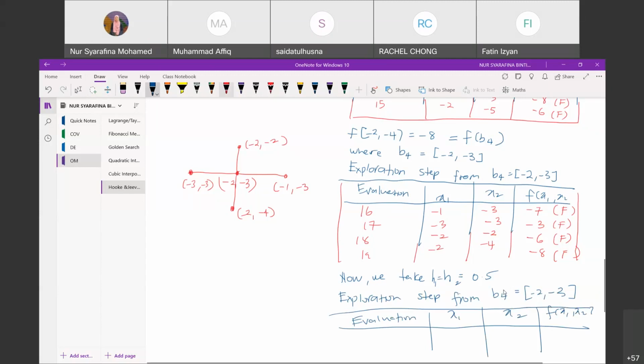So this is our new search again. Now the step length is reduced to 0.5, so your new point should be -1.5, -3. Okay, understand or not, guys?